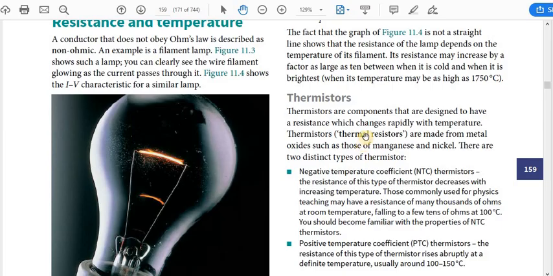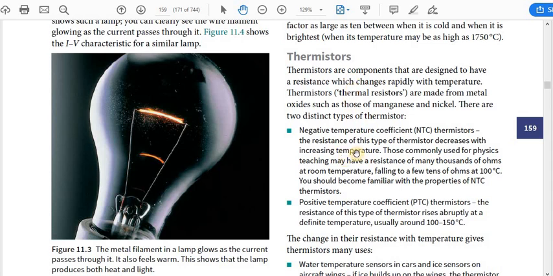And especially metals, we will learn in detail under the structure of the metal, the metallic bond and all of that. Okay, previously I mentioned thermistors. This is the same thing that I explained at the beginning of this chapter. Thermistors, also called thermal resistors, are made from metal oxides such as those of manganese and nickel.